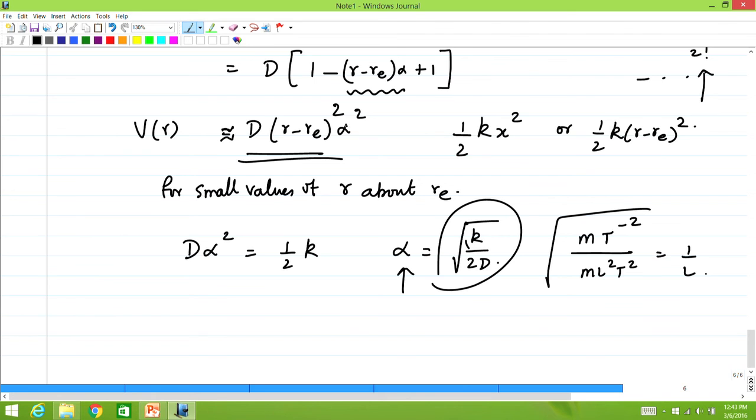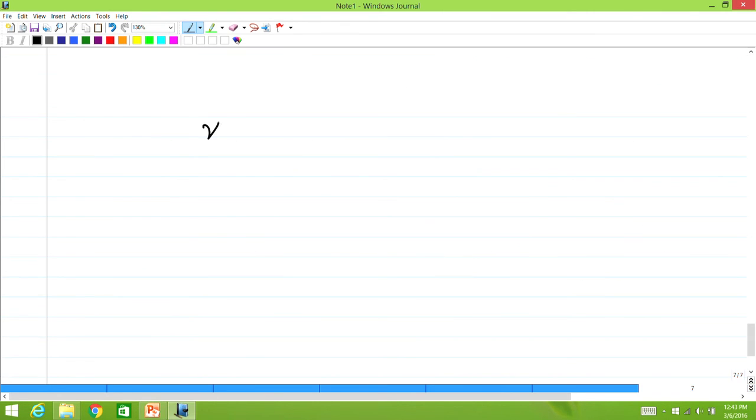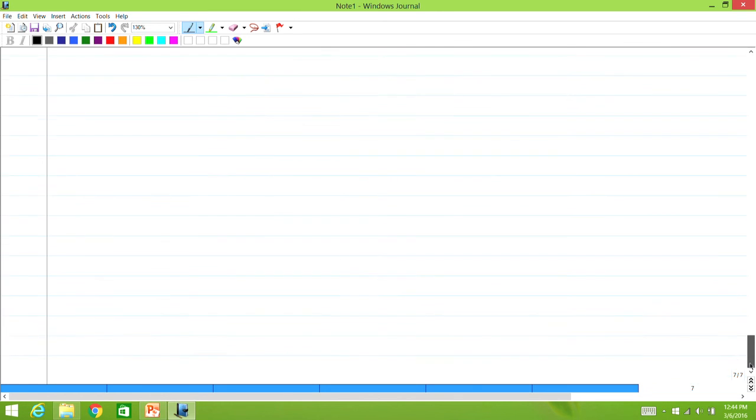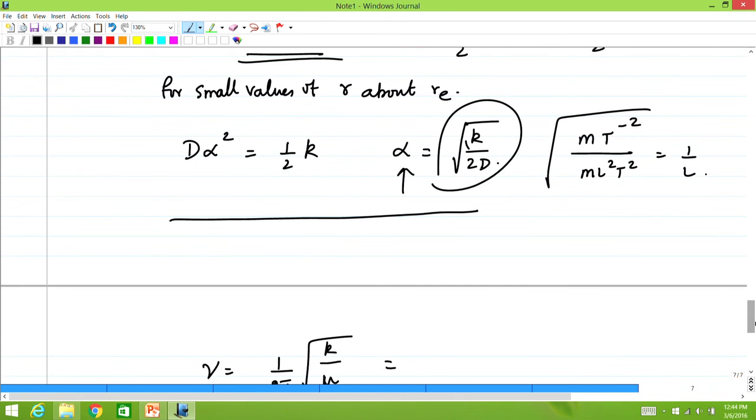2D alpha square. Now, the next question is, what is the harmonic frequency? Please remember, the harmonic frequency is 1 by 2 pi into square root of k by mu. And for the Morse oscillator, we just now found out that k is given by 2D alpha square.